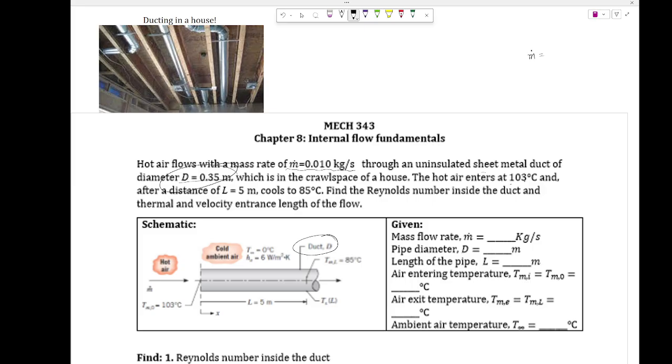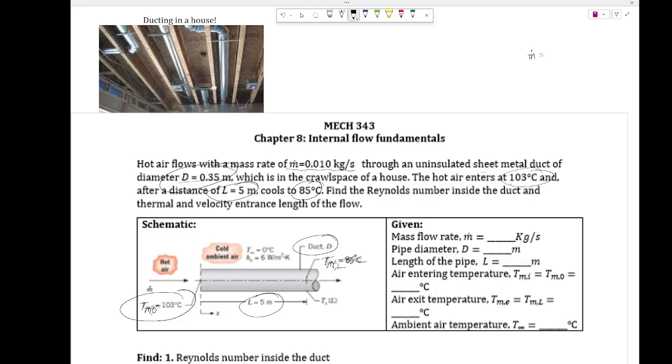Hot air enters at 103 degrees Celsius. So that's the entrance temperature. They write it as T_m,o, right? 103 degrees Celsius. And after a distance L equal to 5 meters, the length of the pipe, it cools down to 85 degrees. So they write it this way: T_m,L equals 85 degrees.